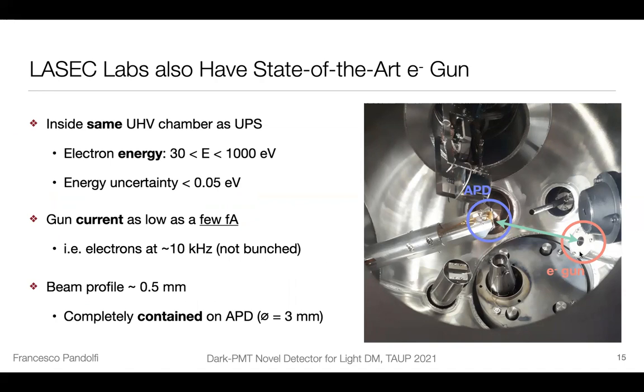So it's really a monochromatic source. The gun current can be lowered as low as a few femtoamps, which means the electrons would be produced at a rate of about 10 kilohertz as the source is not pulsed. And the beam profile is sub-millimeter, small enough that it would be completely contained in the active area of the APD we're studying.